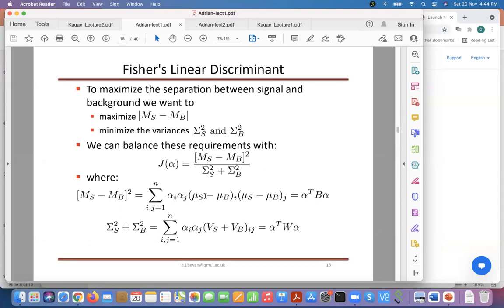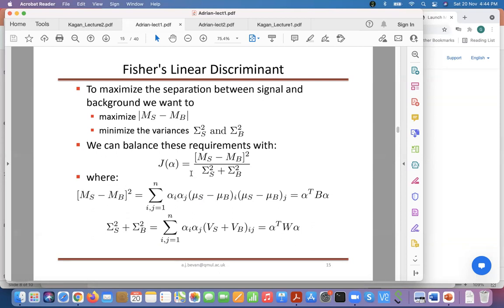So if you have two distributions, you want to separate the signal and background as well as they can be separated. So there you get the difference of the mean, and that is your numerator.